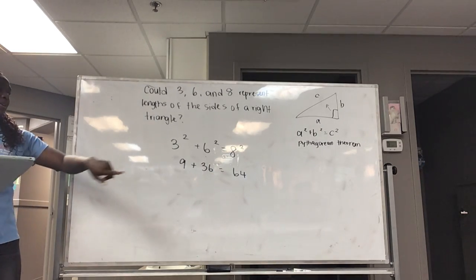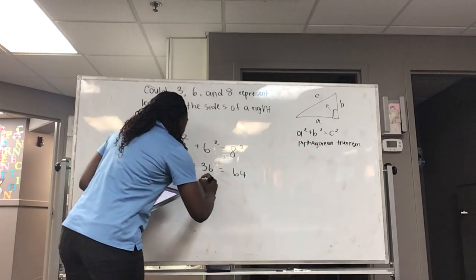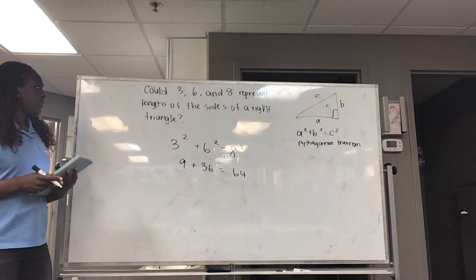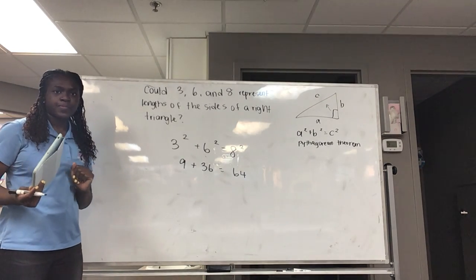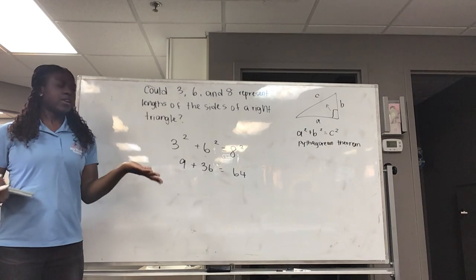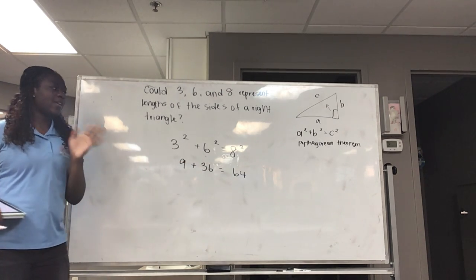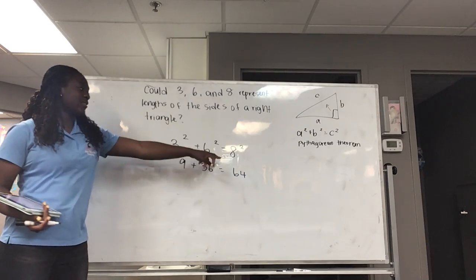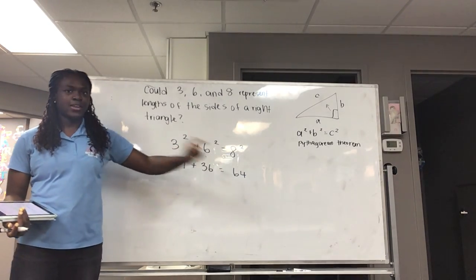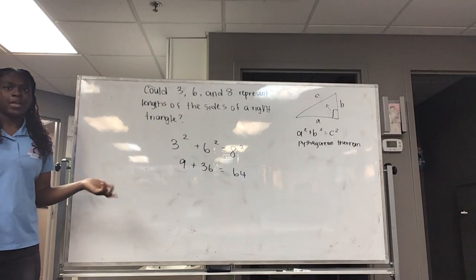Okay, so 9 plus 36. Saying A is 3, I thought 3 was B. Oh, either one could work. I could say 6 squared plus 3 squared is equal to 8 squared. It's just that the longest side has to be C, so A or B could be flipped.